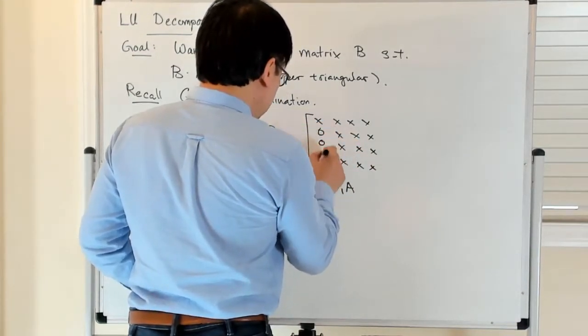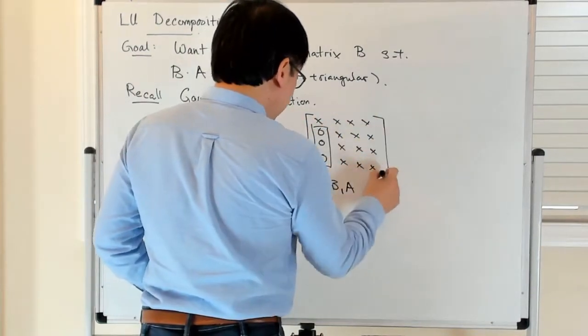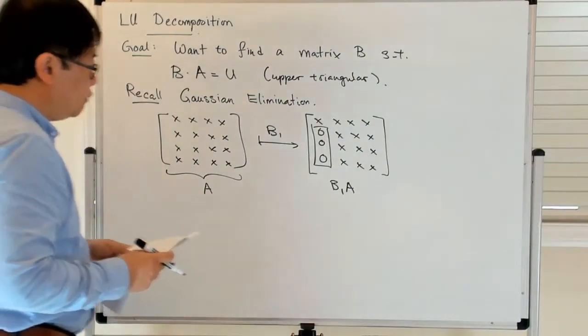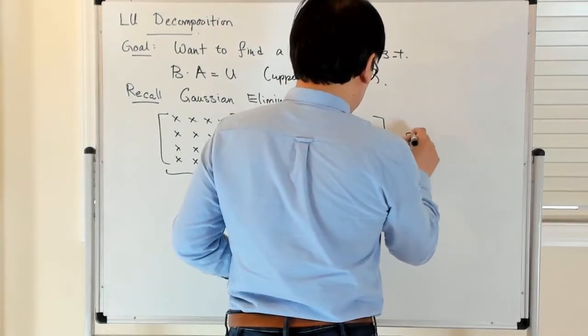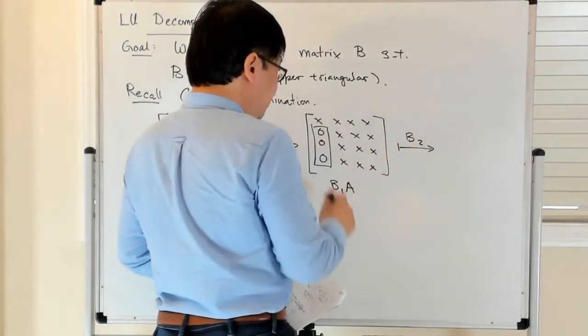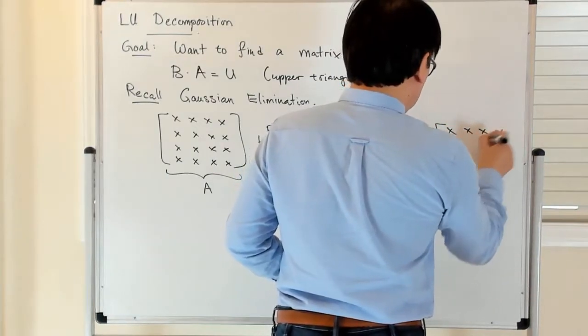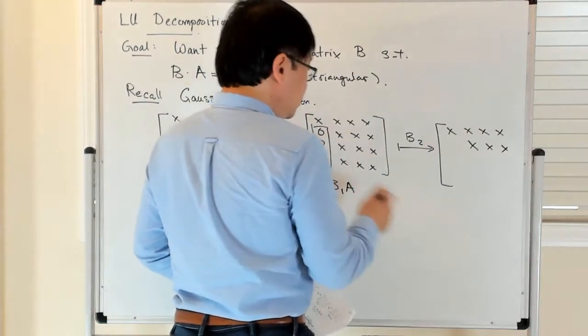Okay, so there are zeros on this first column below the diagonal. Okay, and then I'm going to do something similar. At the next stage, I'm going to multiply this matrix here by B2, and it's going to have the net effect of zeroing out now the second column below the diagonal.